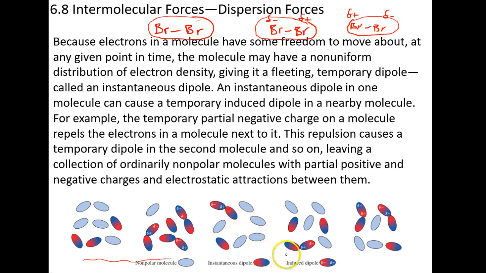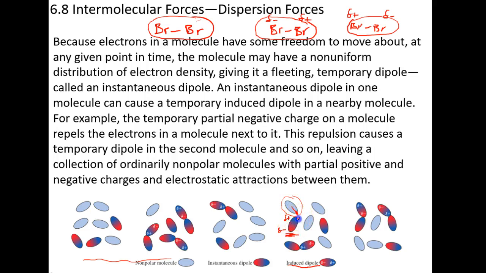And it's what's called an induced dipole. Let's take this molecule. This molecule has a partial positive here and a partial negative here. So it's going to affect the molecule next to it. It's going to induce the electrons to flow more towards this direction because you have a positive side here.